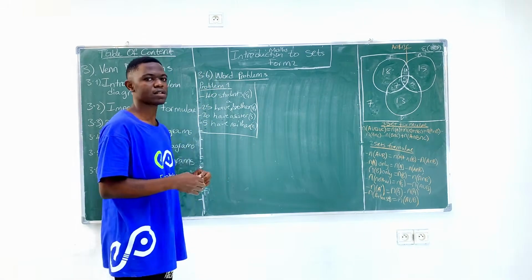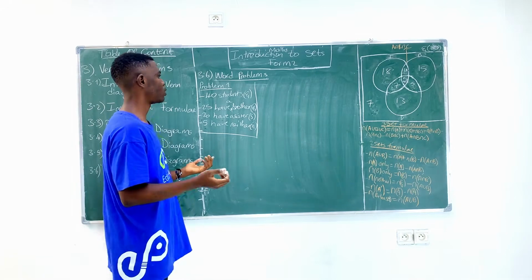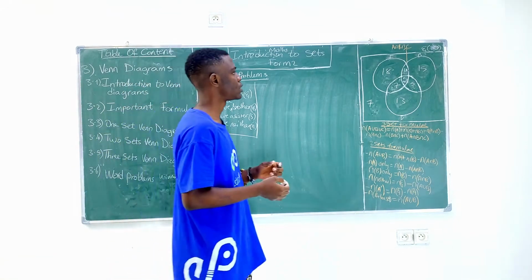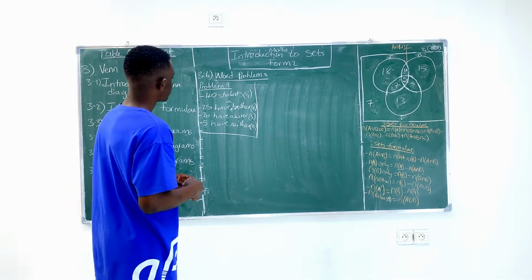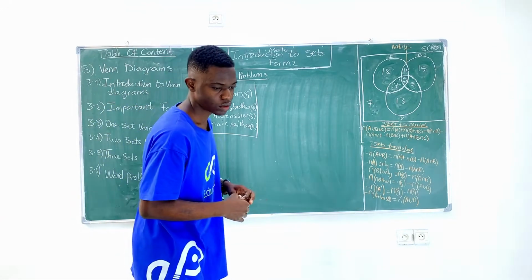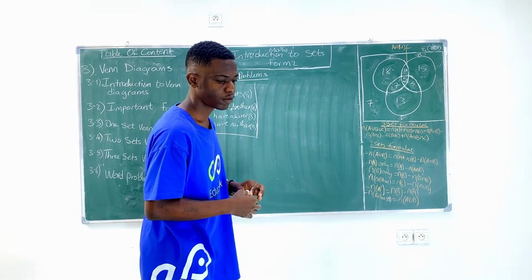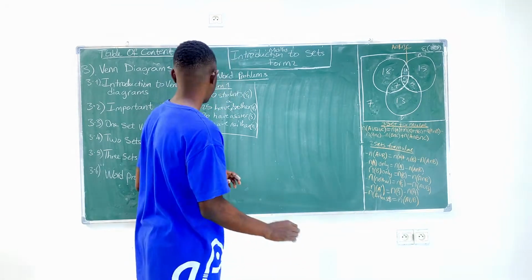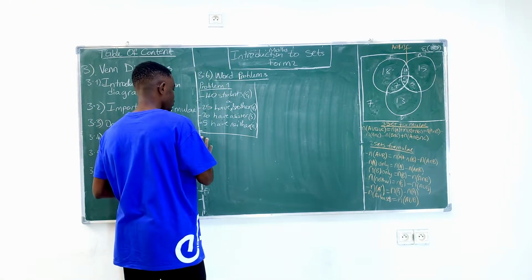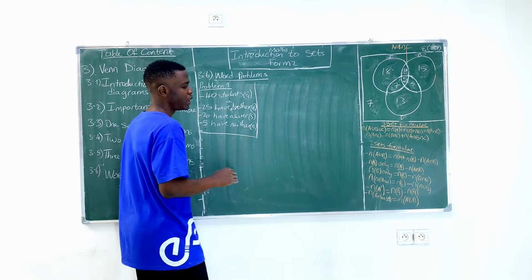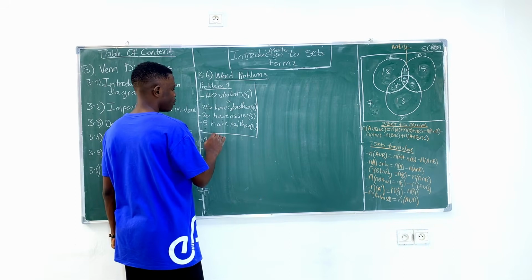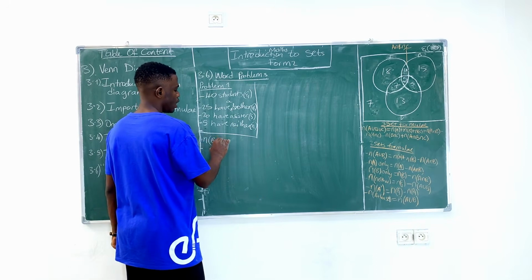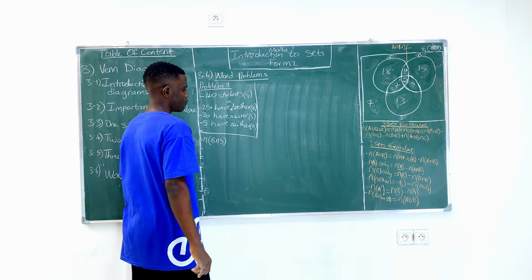Neither is not actually a set, it just shows the number of people that have neither a brother nor a sister. So we are looking for the number of people that have both a brother and a sister.